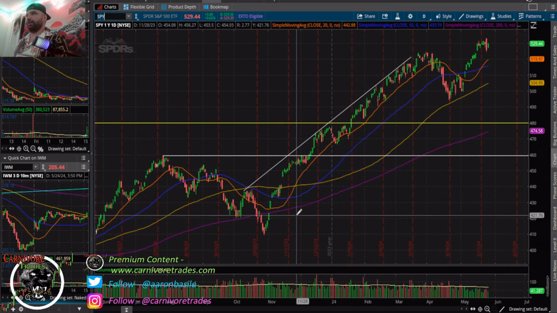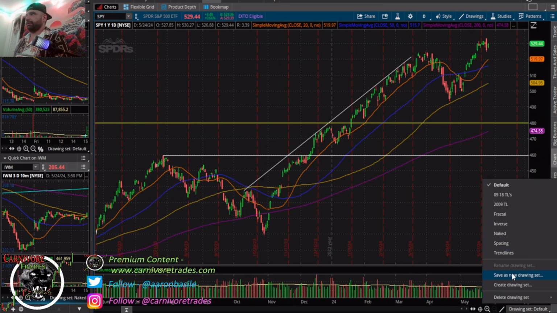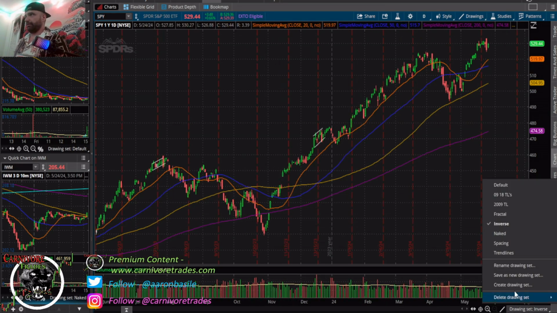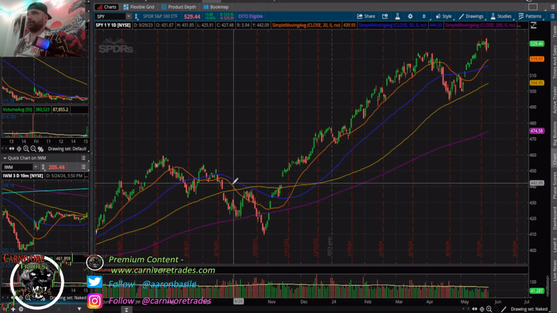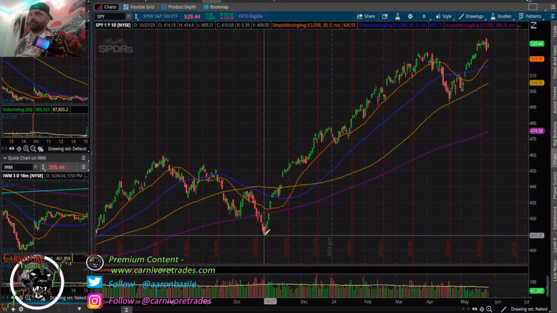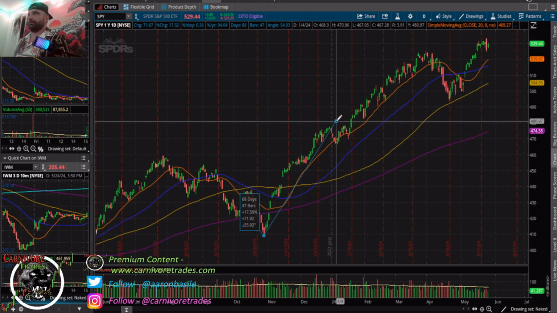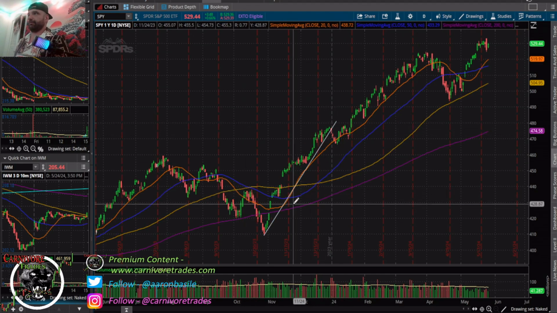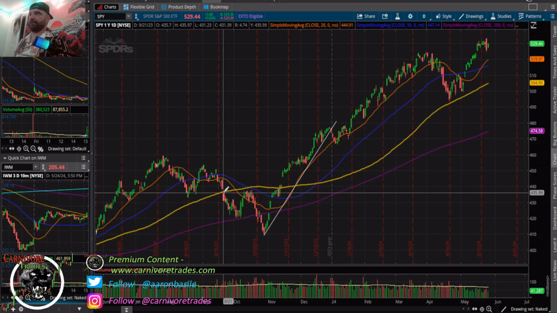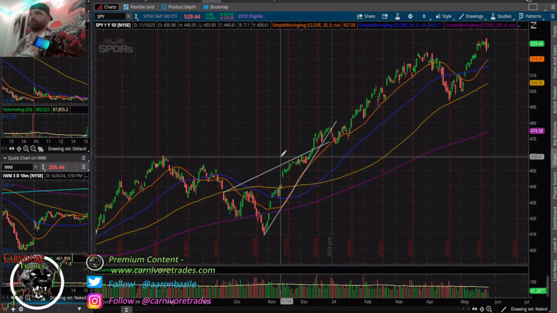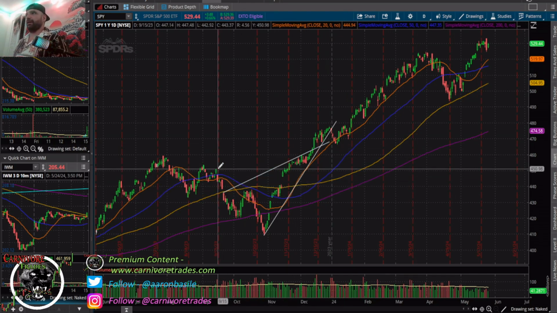Going back to 2023 here too. Let's pretend that that line makes sense. Like, oh, it's a rising wedge. No, it's not.